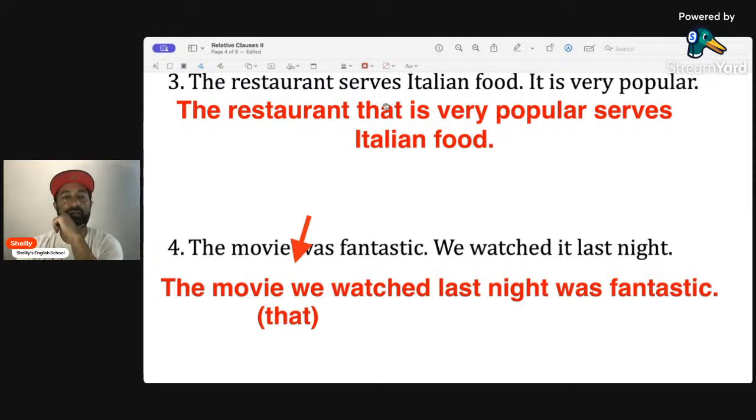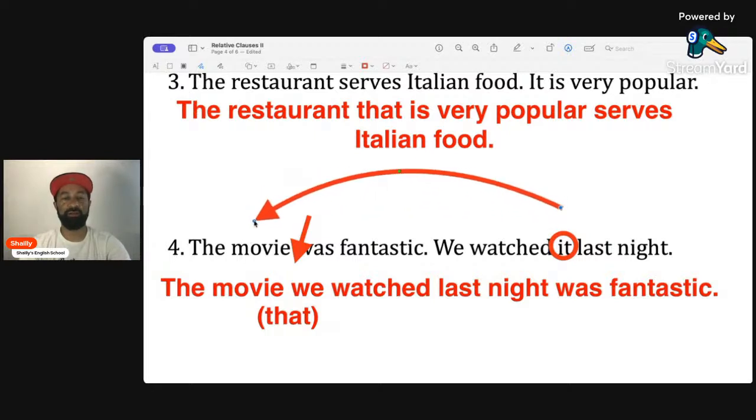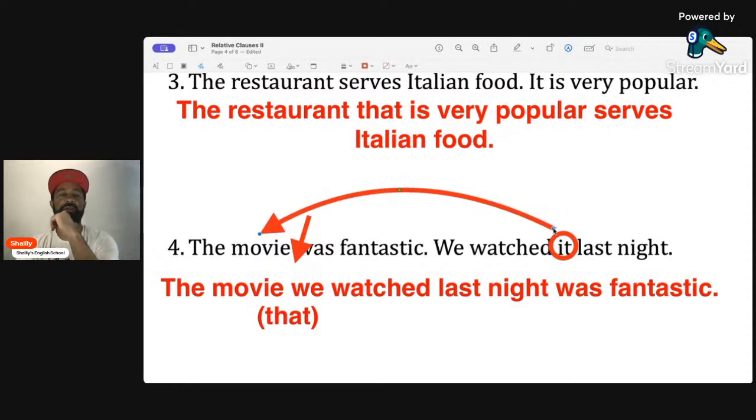Remember, the it is talking about the movie, so I don't need to include the it.